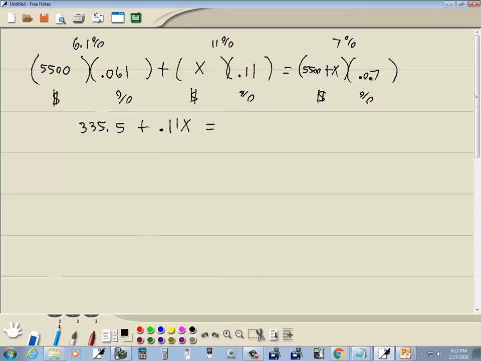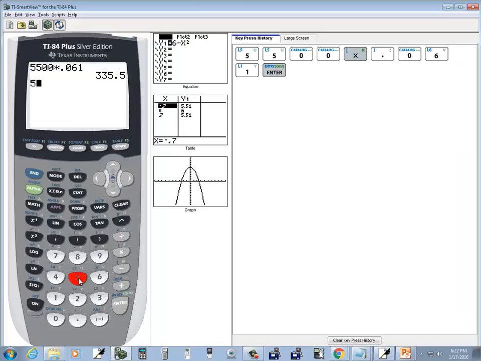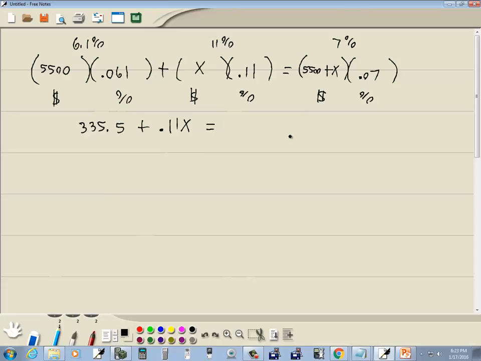And over here we use the distributive property. So take 5,500 times 0.07, and that gives us 385. Then I'll take X times 0.07, which gives us 0.07X.